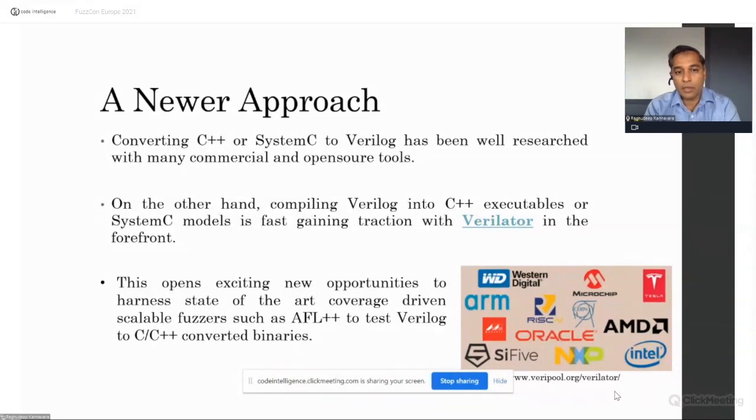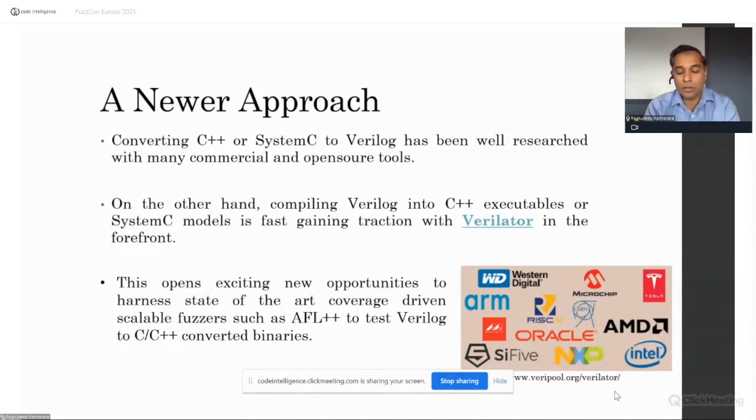On the other hand, compiling Verilog into C++ executable or SystemC models is also fast gaining traction. And there is this open source tool called Verilator, which is supported by the CHIPS Alliance and the Linux Foundation, which is widely used in the industry and in the academia.